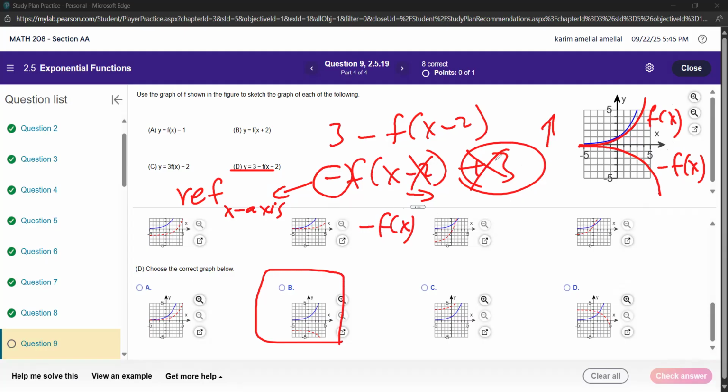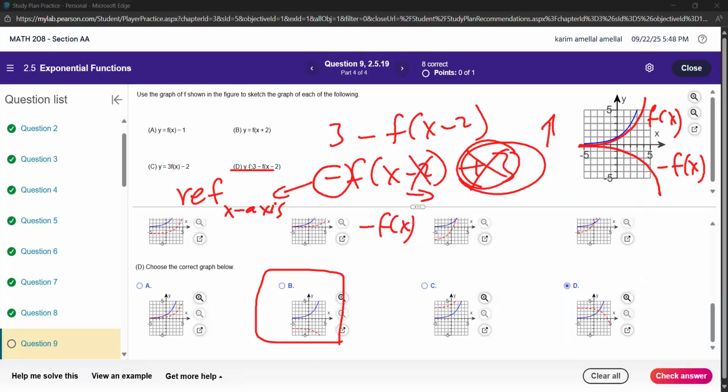And then plus 3, it was shifted up and then moved 2 units to the right. So we would choose B. I'm sorry, we will choose D, because I said it will move up 3 units, so it will be above the blue function.